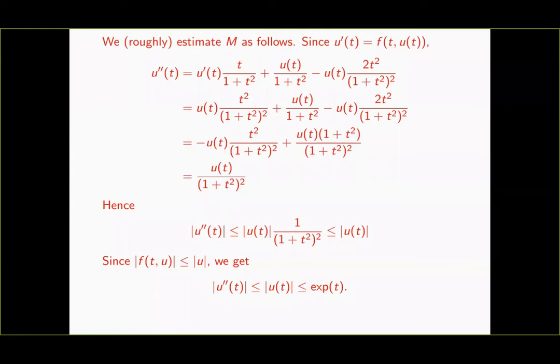Next, I'm going to use an upper bound for u(t). In fact, we have got that f(t, u) in absolute value is bounded from above by the absolute value of u. And you can use an inequality from the homework to estimate that u(t) is bounded from above in absolute value by simply the exponential of t.